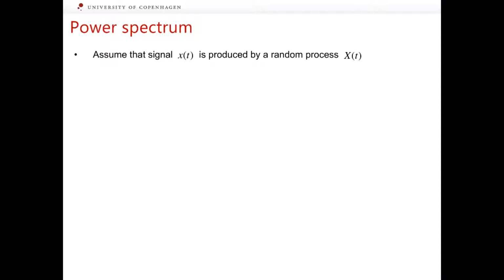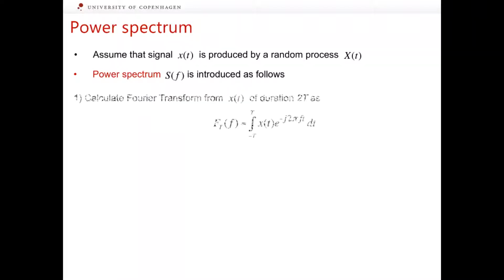Suppose our recorded signal x of t originates from this random process denoted as capital X of t. Also suppose that we run the same experiment many times and record many signals. Power spectral density, called for brevity power spectrum, can be introduced as follows. Firstly, we take a single realization x of t recorded during an observation time 2T and find its Fourier transform.